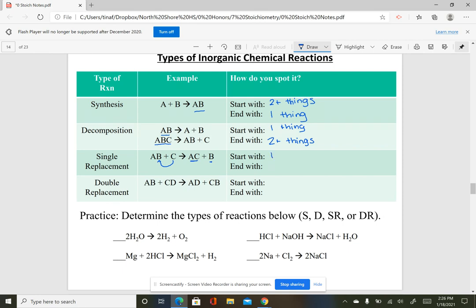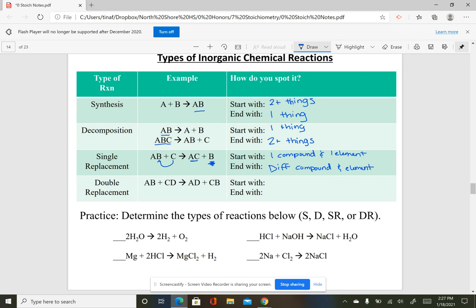So I start with one compound and one element, and I end with a different compound and element. And it's called single replacement because something always ends up single at the end.